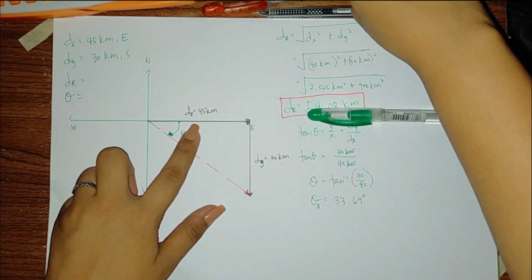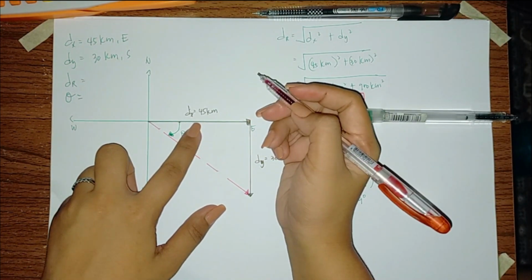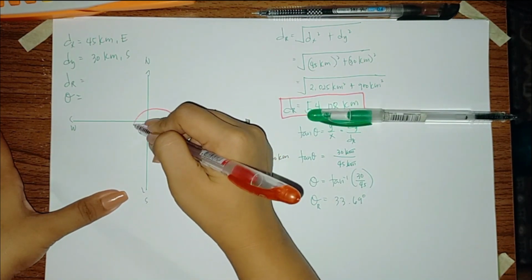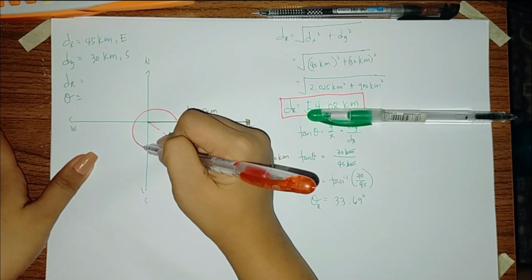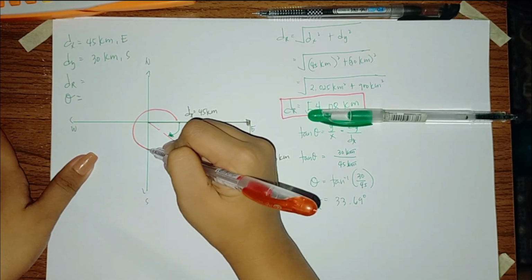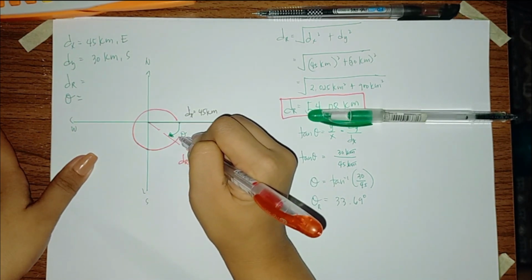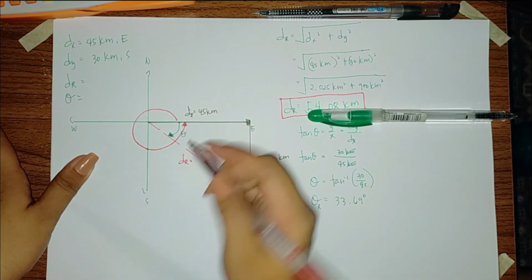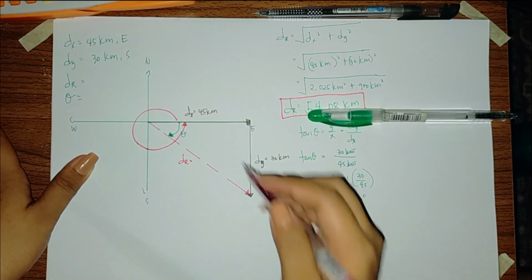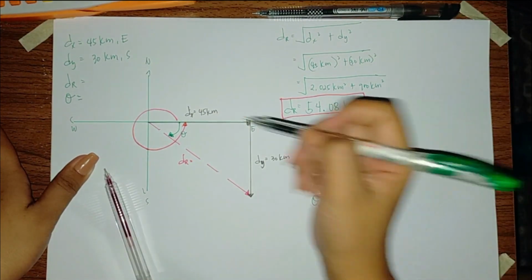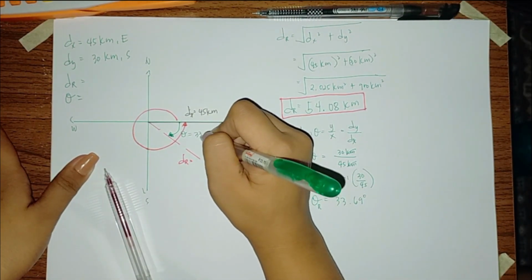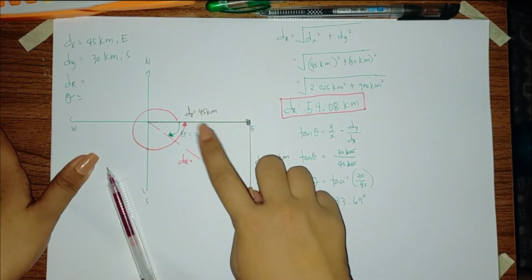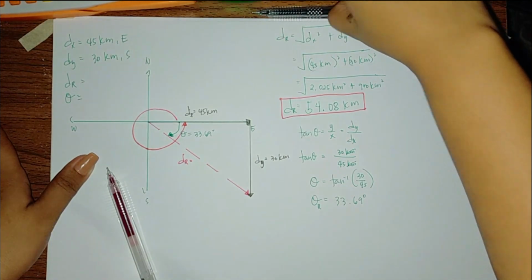Now, from east, following the counterclockwise direction, from east going to south, we have 270. And then, as we go back, this is equivalent to 360. But then, there is a part that goes back, 33.69. So, what will we do with our angle?